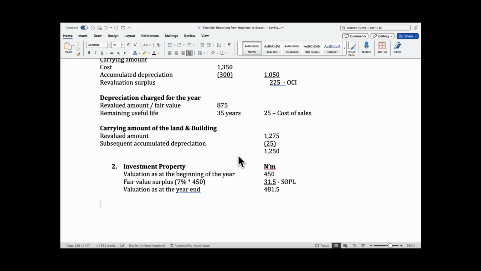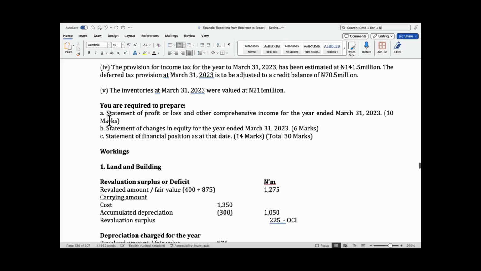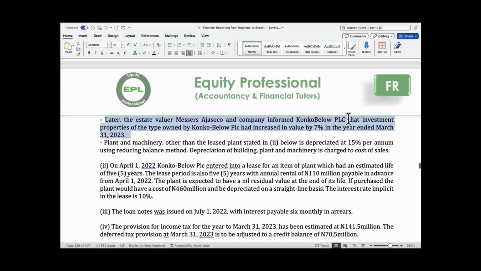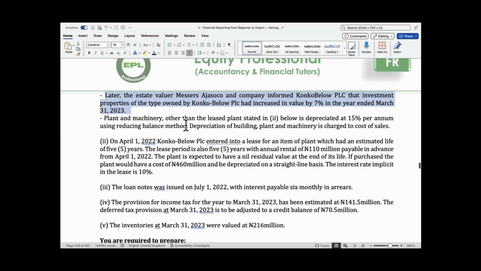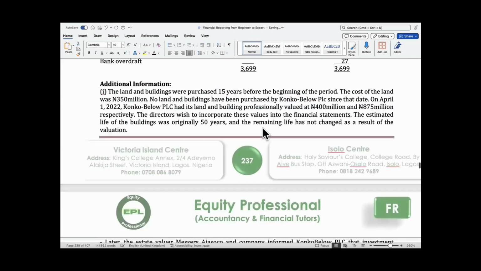Workings 3, I'm done with this. For this one, it says plant and machinery other than leased plants stated below is depreciated at 15% per annum using the reducing balance method. Okay, that means the only thing that affects this is for us to calculate our depreciation for the year.